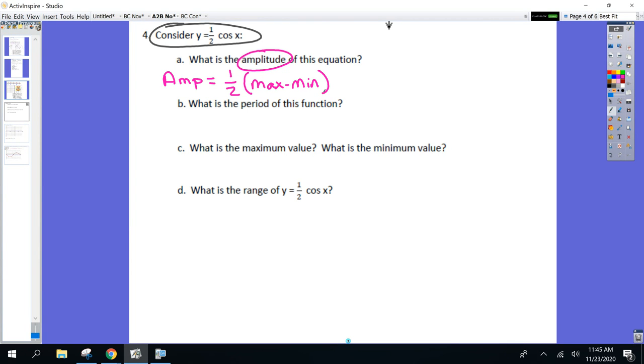All right, can you guys help me find that value? How high is this curve? What's the max value on this curve? I don't need to graph it. I can just take a look at the equation. 1/2 is the max. Minus, what's the minimum? Minus -1/2.